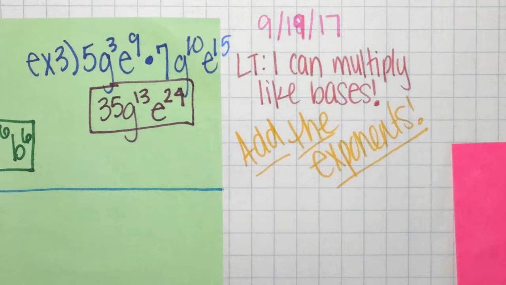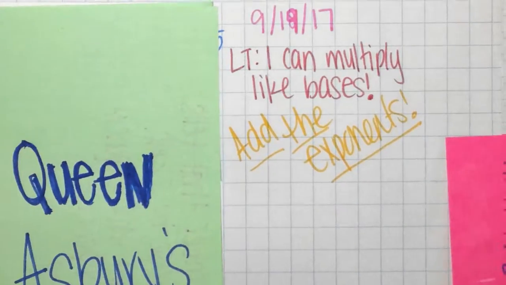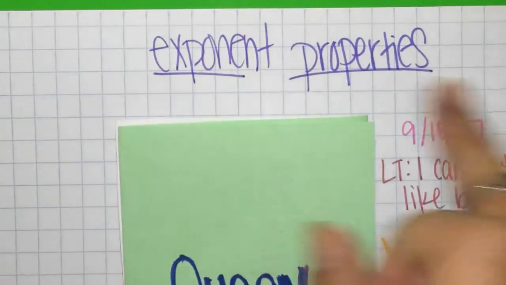Okay, unit learning target. What I want you to be able to do by the end of the unit, I want you to write that at the top up here, underneath exponent properties.